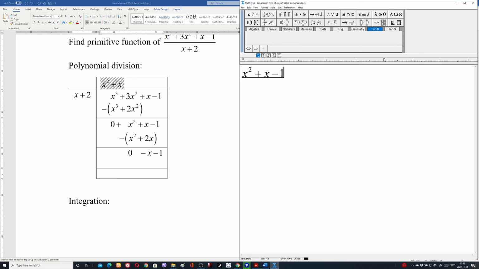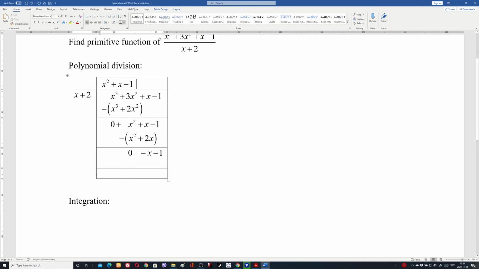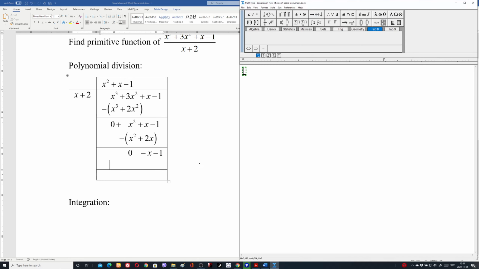So minus 1 multiplied by x is minus x, and minus 1 multiplied by plus 2 is minus 2.